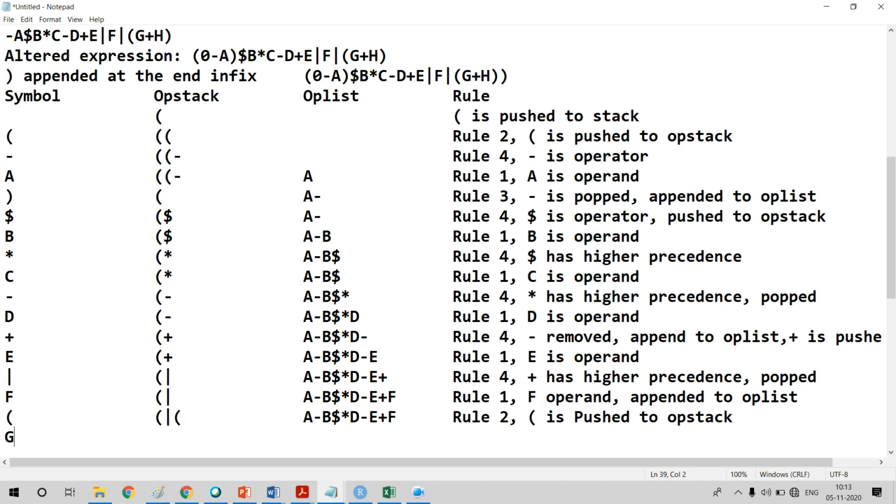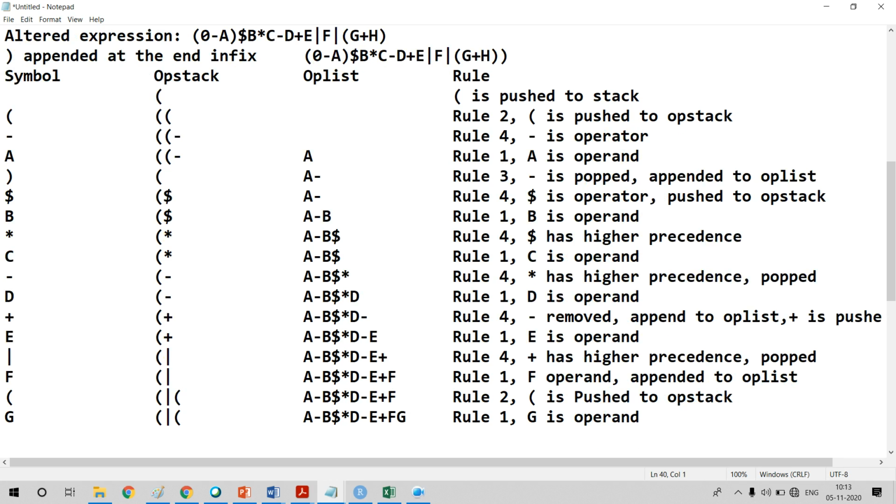The next symbol is G. G is operand. So operand is added at the end of the OP list. Rule number 1, because G is operand.